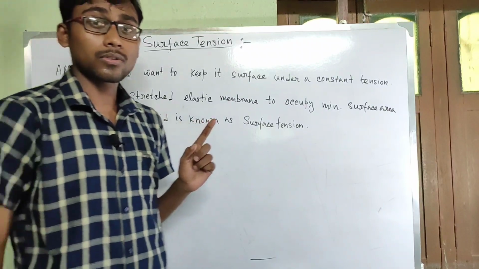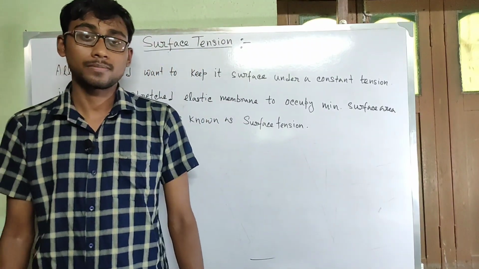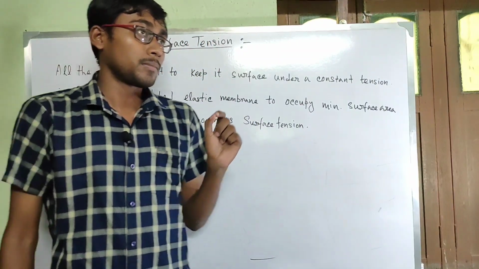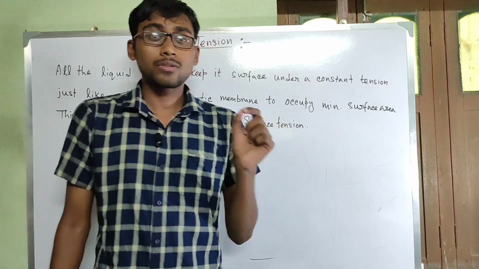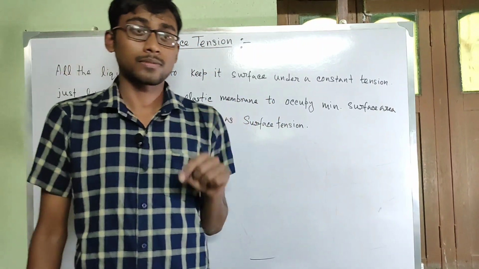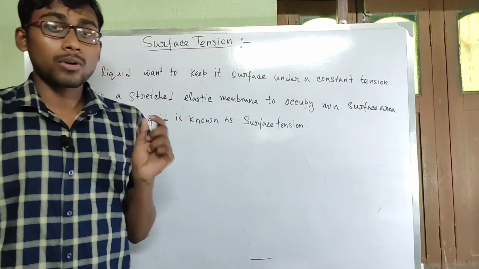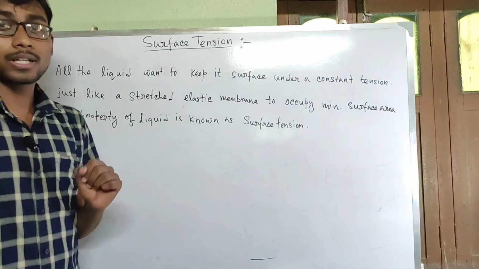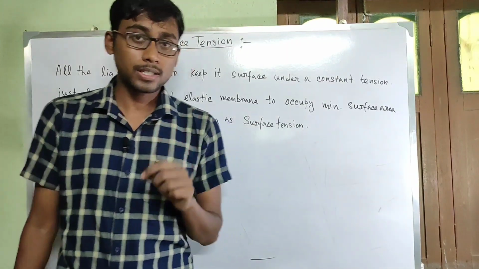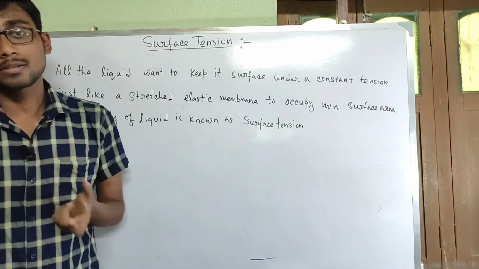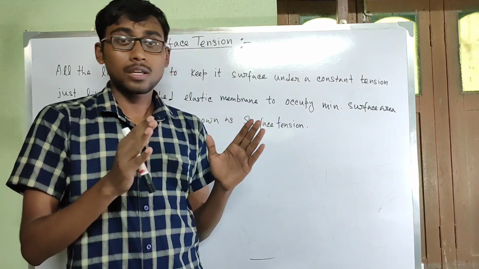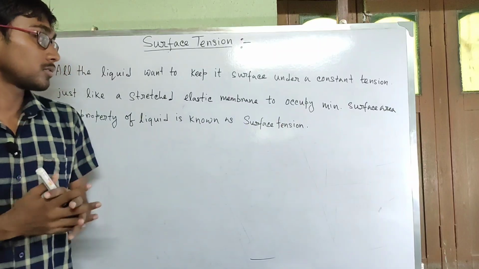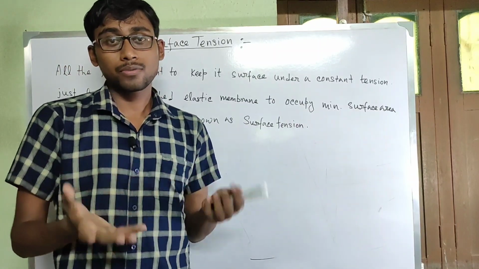Before going to the explanation of surface tension, we need to know about intermolecular force. So, according to the molecular theory, we know that matter is made of tiny particles, known as molecules, and every molecule attracts each other by a force.